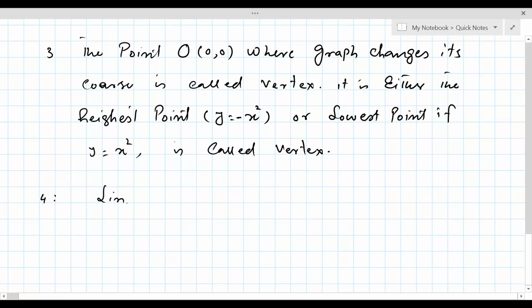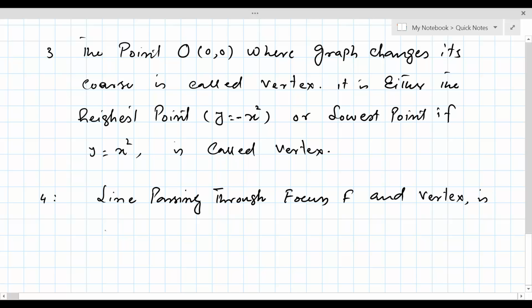The line passing through F, the focus, and the vertex is called the axis of the parabola, and the graph is always symmetric about this line.